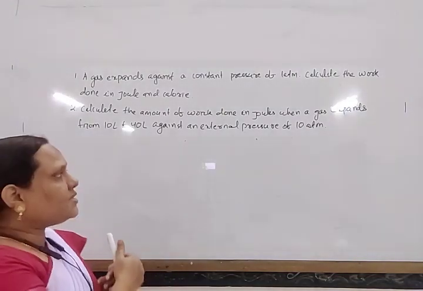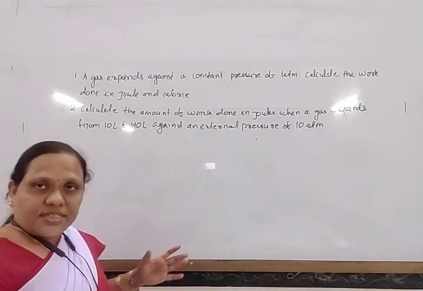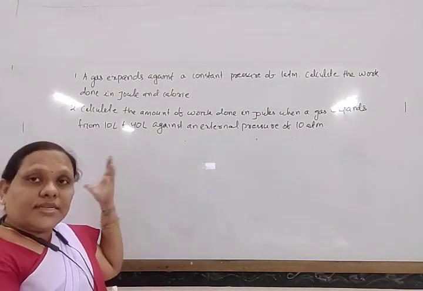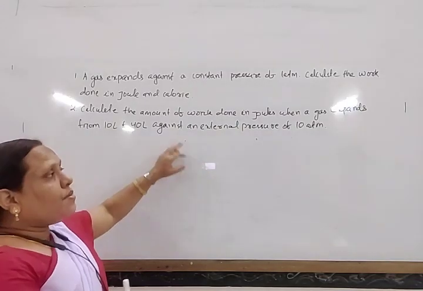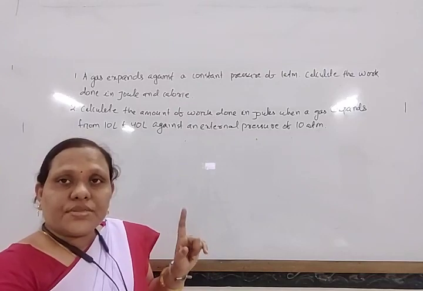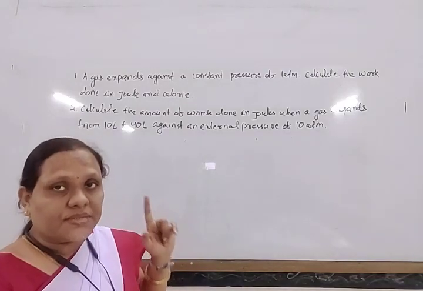For reversible, the P is not constant; for irreversible, this P is constant. The pressure value is given, and from that you can know this equation is for an irreversible process.